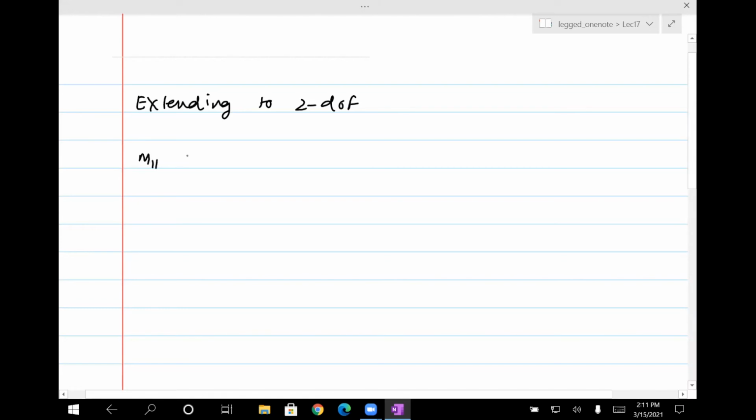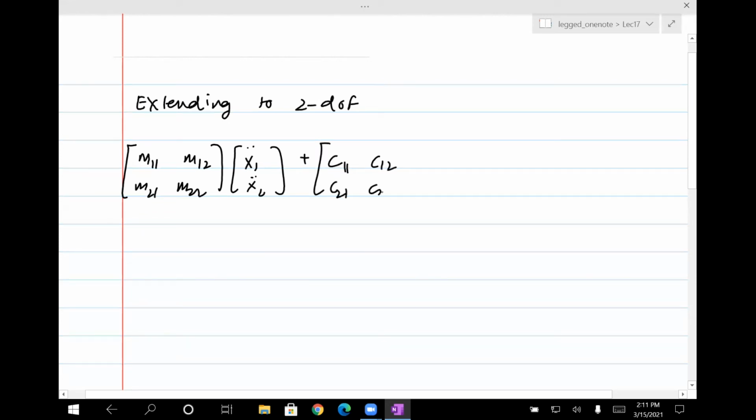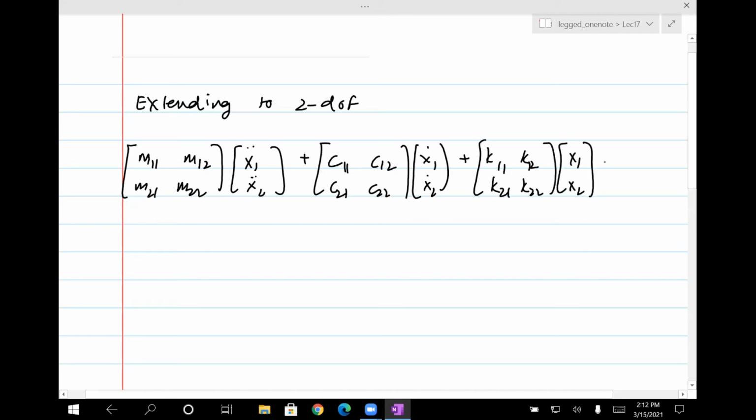I'm going to write it as a matrix: M11, M12, M21, M22, plus we have the damping term, and then we have the constant term. So this is the simplest two-dimensional system, not making any assumptions about the diagonal terms.